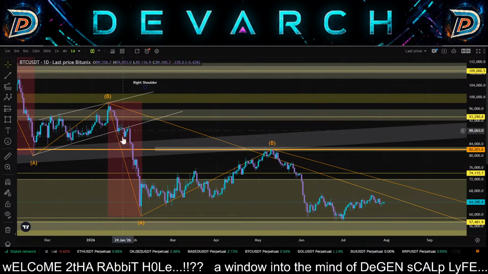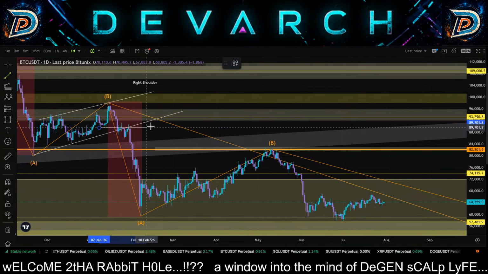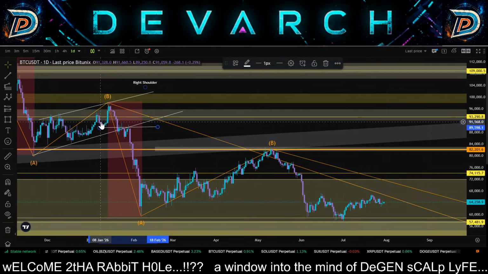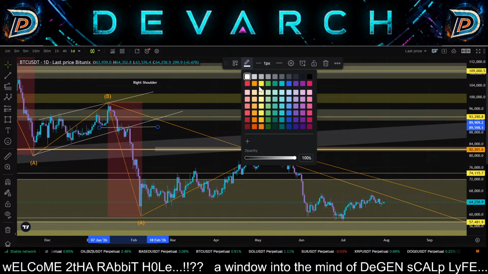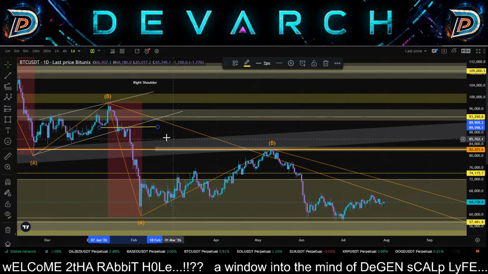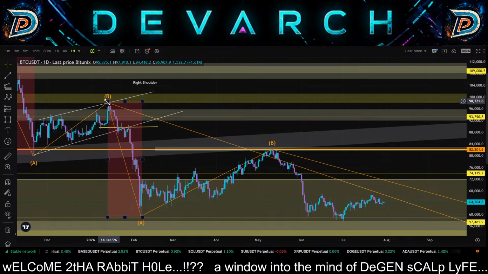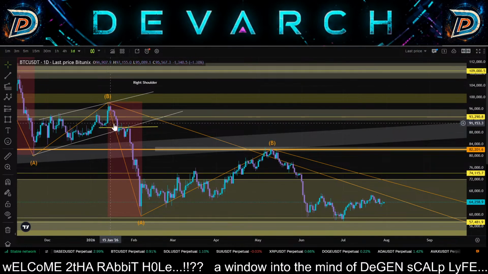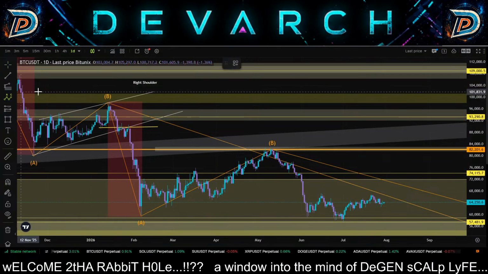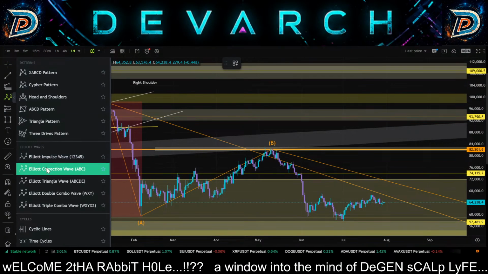And you can notice how when price broke structure, which was this point here, you can see that it was making higher lows and higher highs up to here to point B. And when it broke this local low, the structure changed to corrective, and you have a corrective wave within a corrective wave.